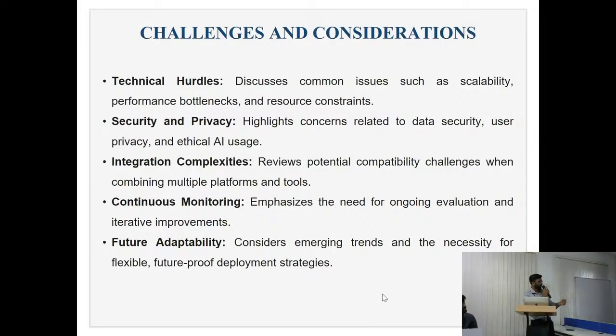Continuous monitoring emphasizes the need for ongoing evaluation and iterative improvements, so other job schedulers will be assigned for the continuous monitoring of the work in the backend. Future adaptability is the necessity for flexible and future-proof deployment strategies.